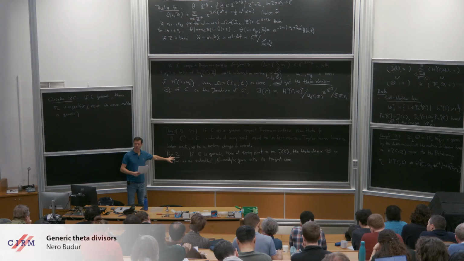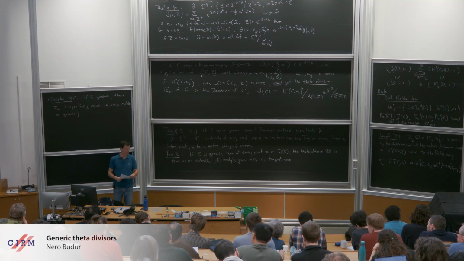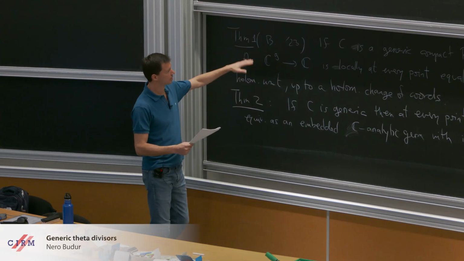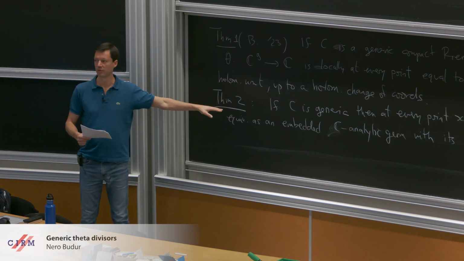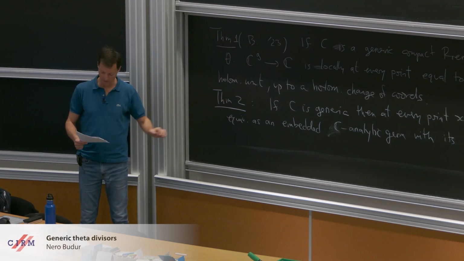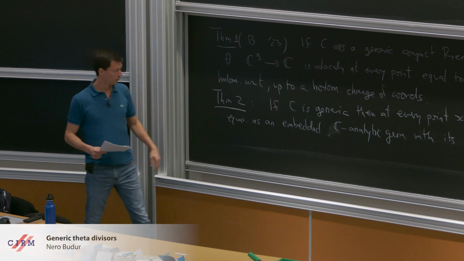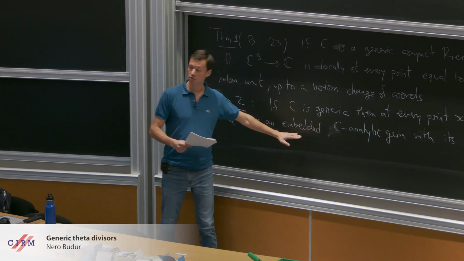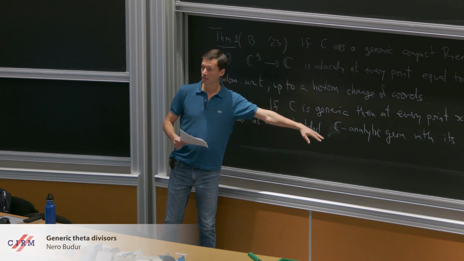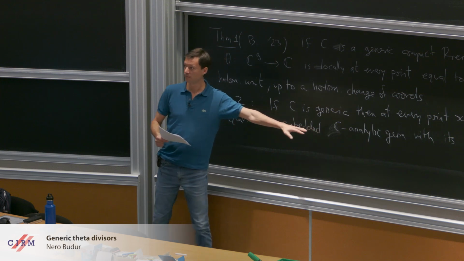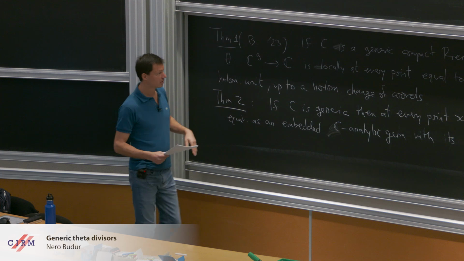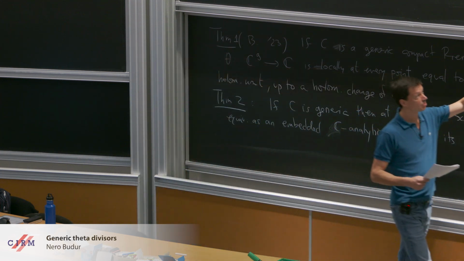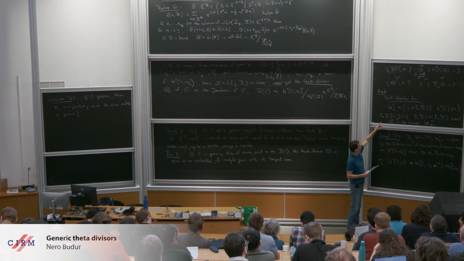This theorem can also be generalized to other Brill-Noether loci. So let me mention the generalization. I stated it in this classical language, but you can just work over an algebraically closed field of characteristic 0. That's one of the generalizations. Instead of complex analytic germs, you can use embedded étale germs. And instead of the theta divisor, you have the same statement for Brill-Noether loci.